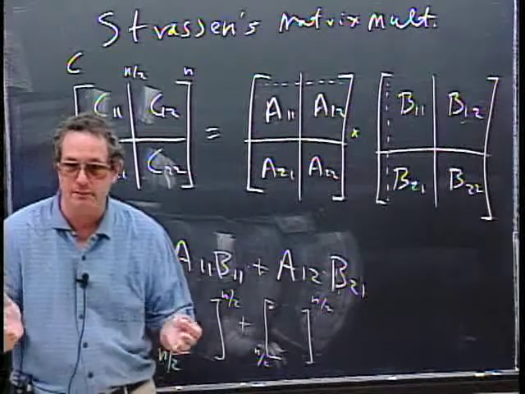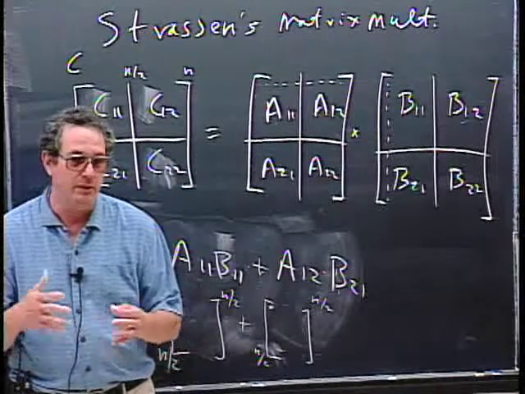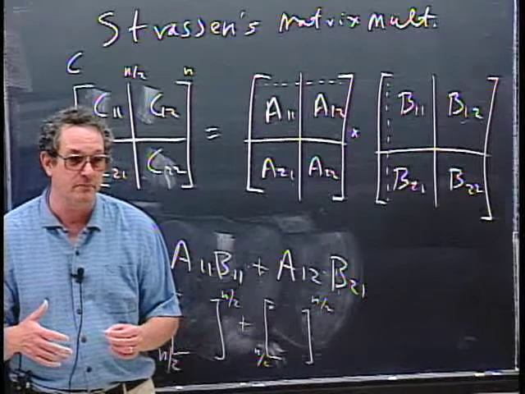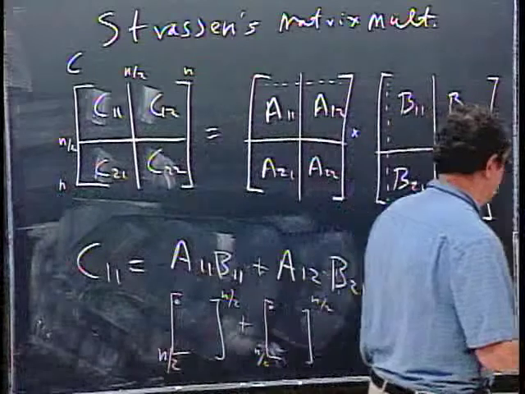Maybe you have to think about that a little bit in the comfort of your own mind in some quiet moment, but I think you'll all see that it works. Okay. So let's do the time analysis again.